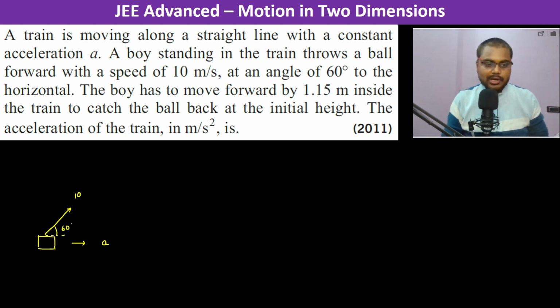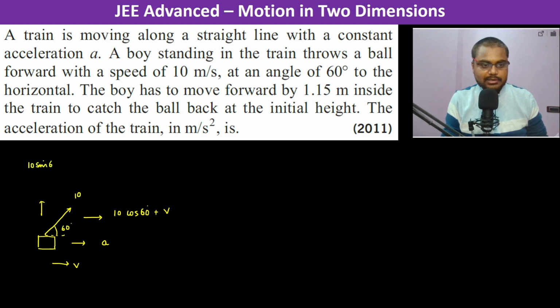Okay, so if the velocity of the train is v, then the velocity of this ball in this direction will be 10 cos 60 degree plus v, and in this direction it is going to be 10 sin 60 degree.